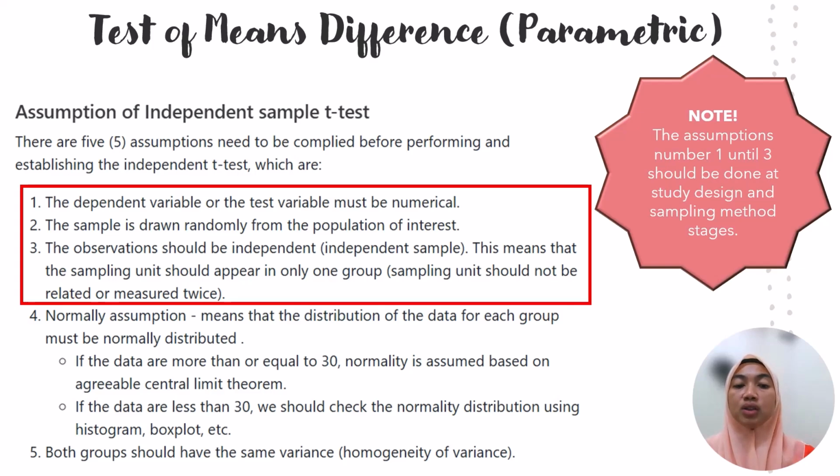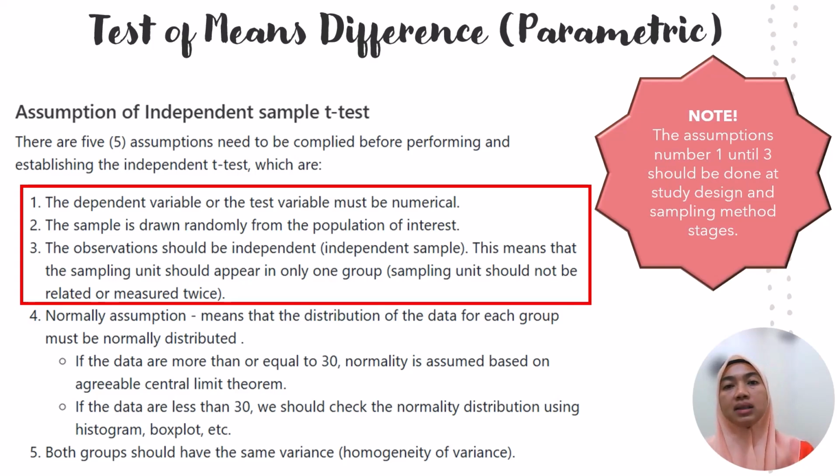Number 4 is the normality assumption, which means that the distribution of the data for each group must be normally distributed. If your data is equal to or more than 30, normality is assumed based on the central limit theorem.